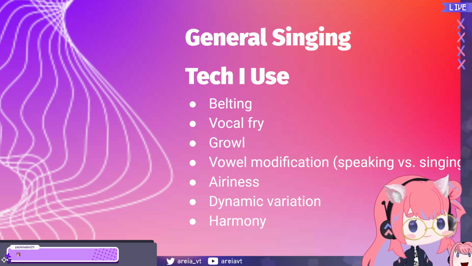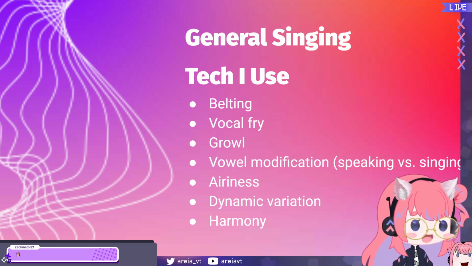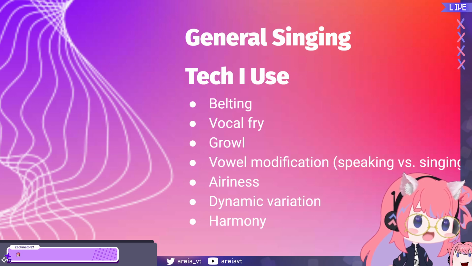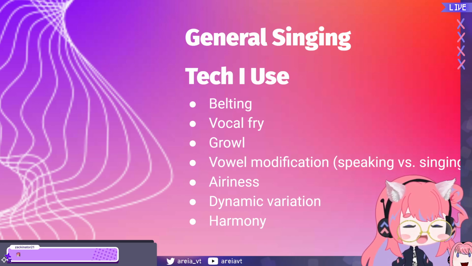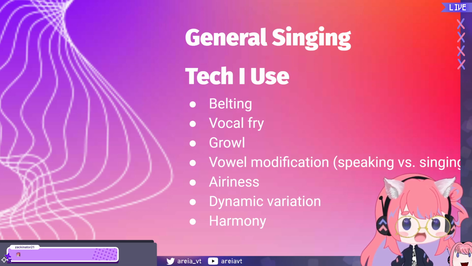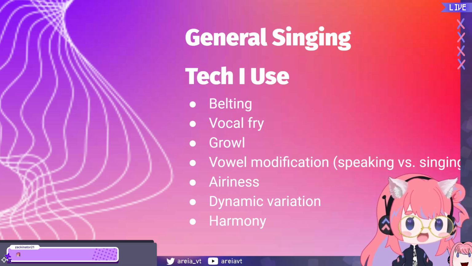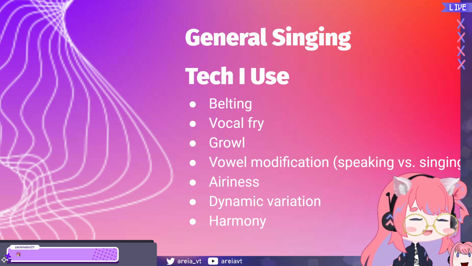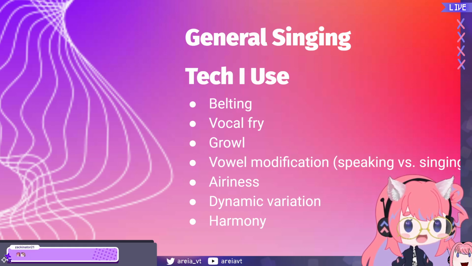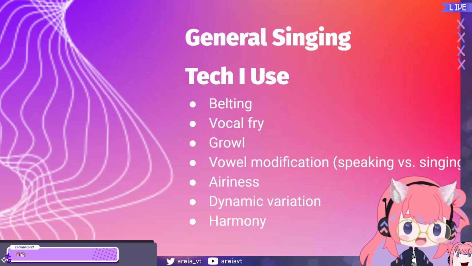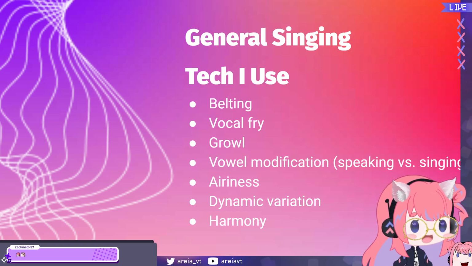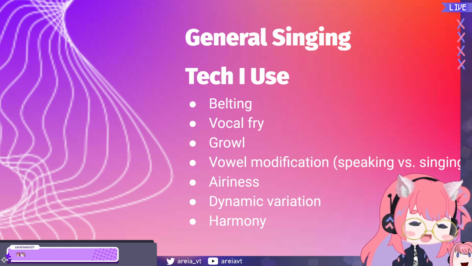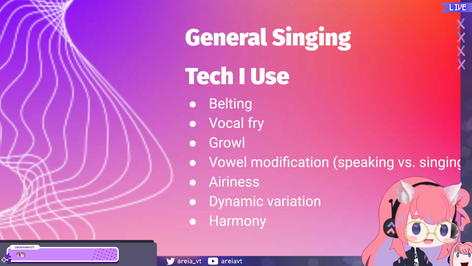But if it's an angry song, maybe not angry, but loud, you're still loud, but then suddenly you go, ah! And I growl and belt at the same time to make that more interesting. Considering all those things, a big thing is the dynamic variation.